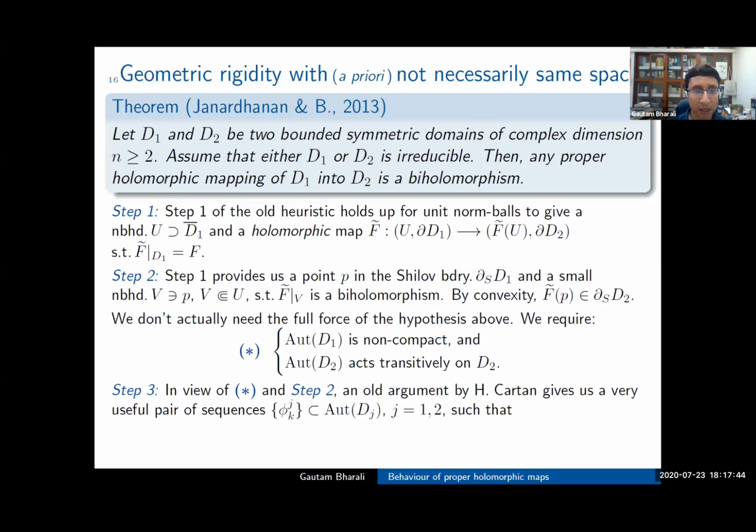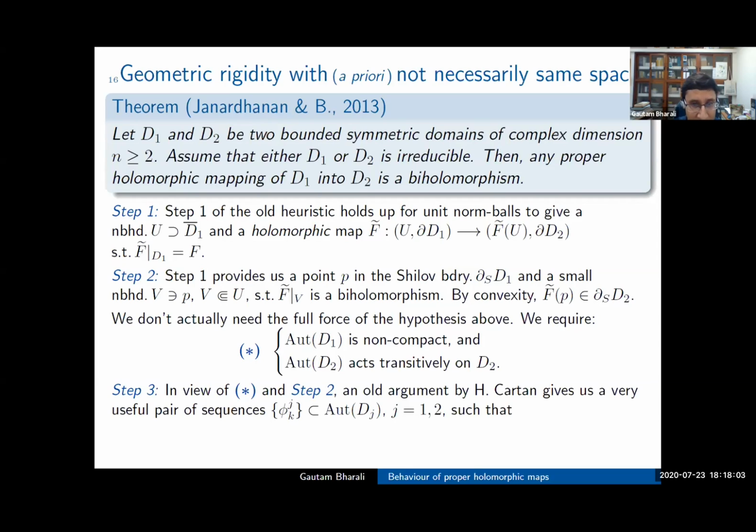Now, step three. I actually don't need the full force of D1 and D2 being bounded symmetric domains at this juncture. All I need is that Aut(D1) and Aut(D2) should act transitively.